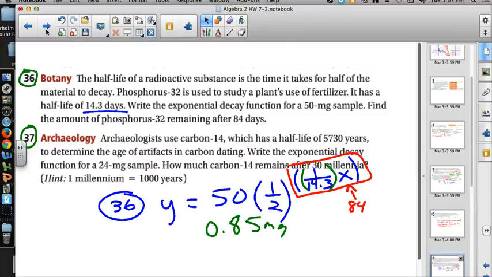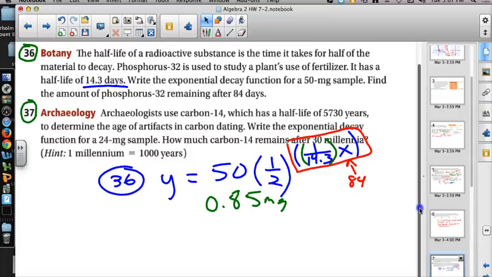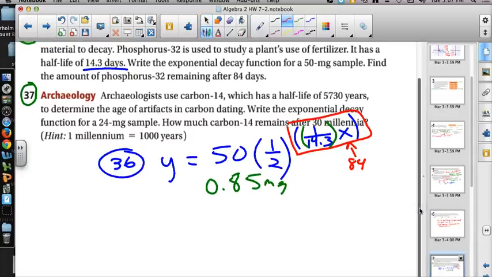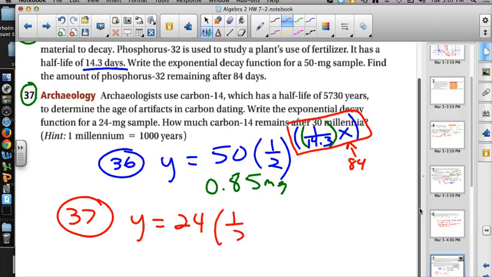All right, number 37, archaeology. So this is another example where we're using a half-life. Carbon-14 has a half-life of 5,730 years to determine the age of artifacts and carbon dating. Write the exponential decay function for a 24 milligram sample. So starting with 24 milligrams, and again, it is a half-life, so we have our 1/2 in there for that potency.